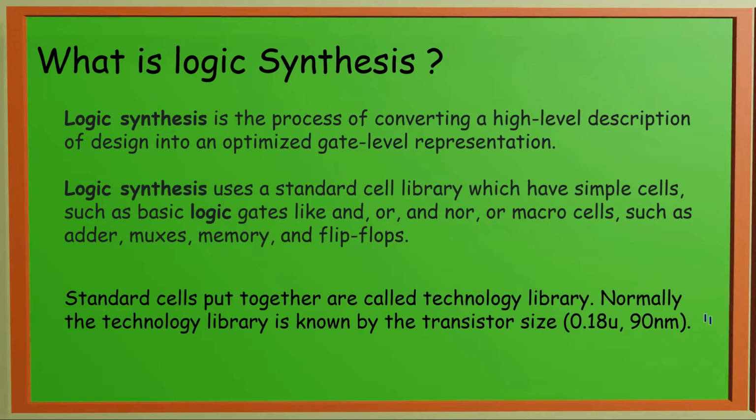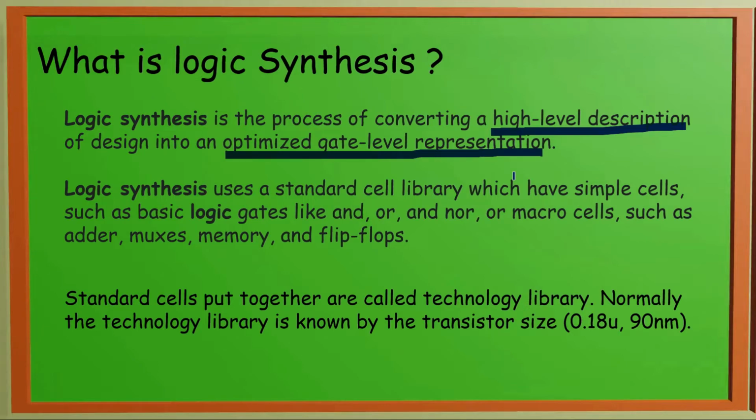Second important topic is what is logic synthesis. In a simple way, logic synthesis is a process of converting a high level description into an optimized gate level representation. We have a description in text format, and we have to convert it. We have to check how exactly it looks on a gate level.